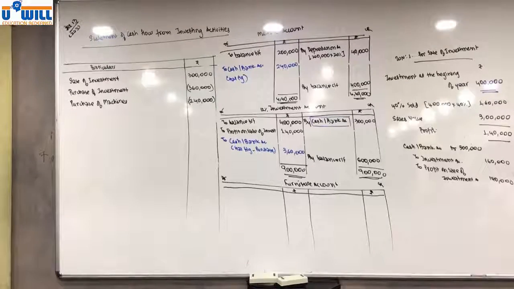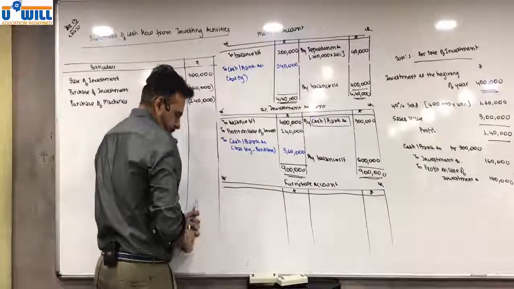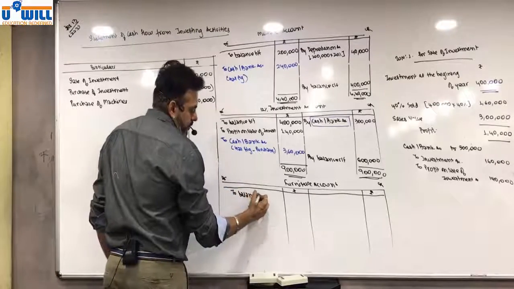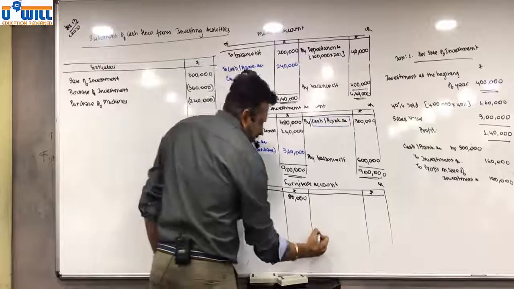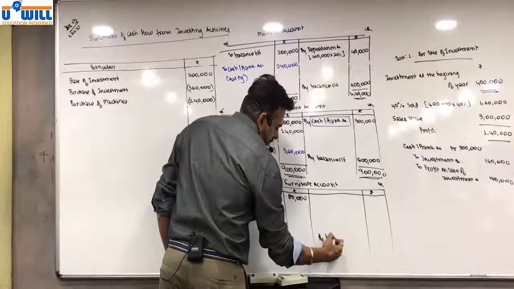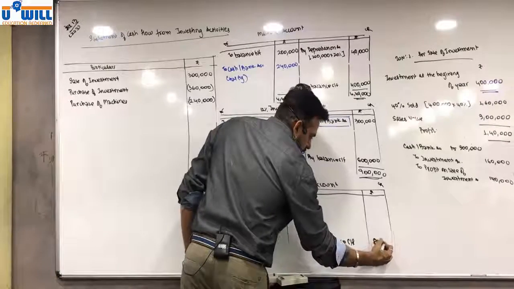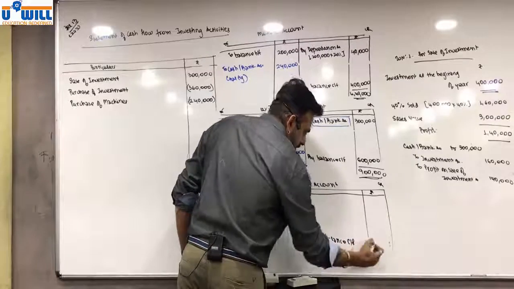Furniture. Opening balance 80,000. To balance brought forward 80,000. By balance carried forward 1 lakh.